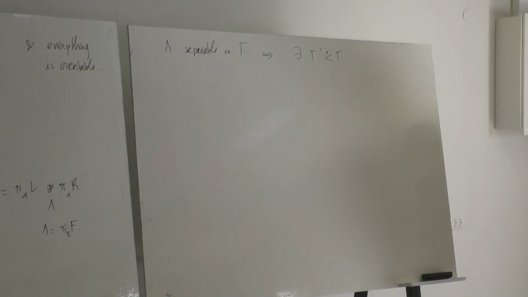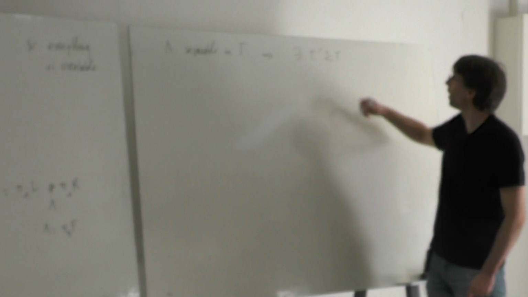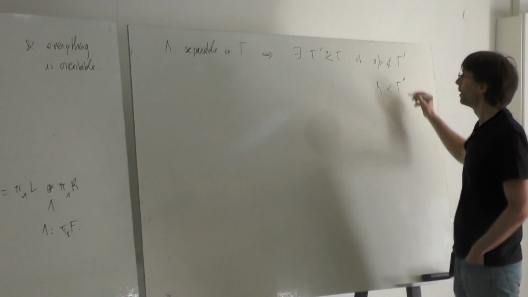So here we use, again, the separability, and so there exists gamma prime such that A, B do not belong to gamma prime, and lambda is contained in gamma prime.